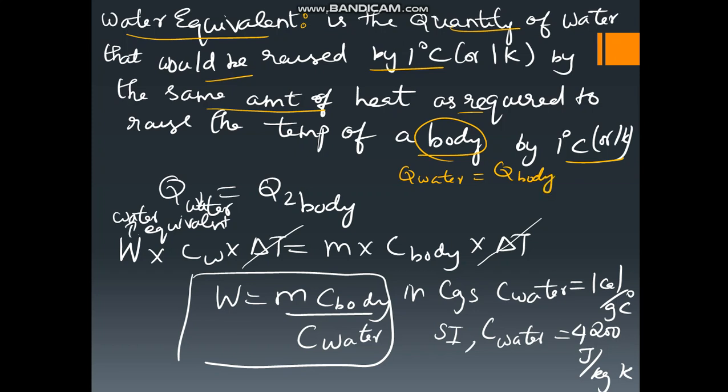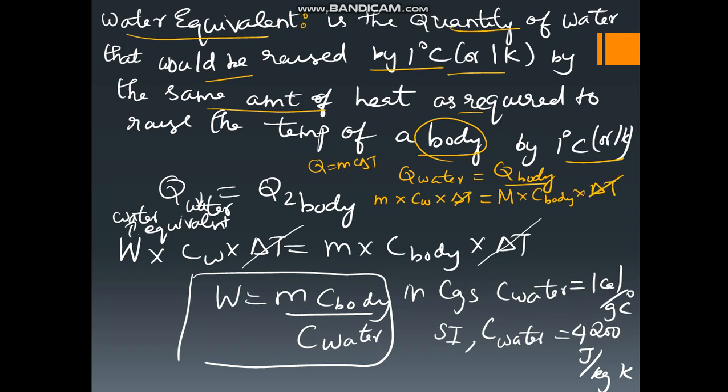So Q is m c delta T, we know. So the mass of the water raised by that heat into Cw, that is the specific heat capacity of water, into delta T of 1 degree Celsius. For the body, let the mass of the body be m, and the specific heat capacity of the body into delta T, that is also 1 degree Celsius.